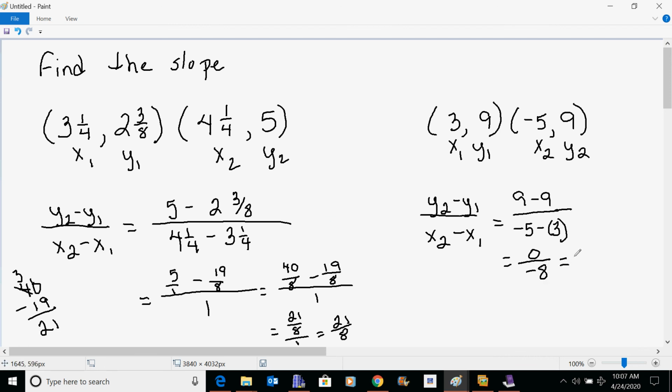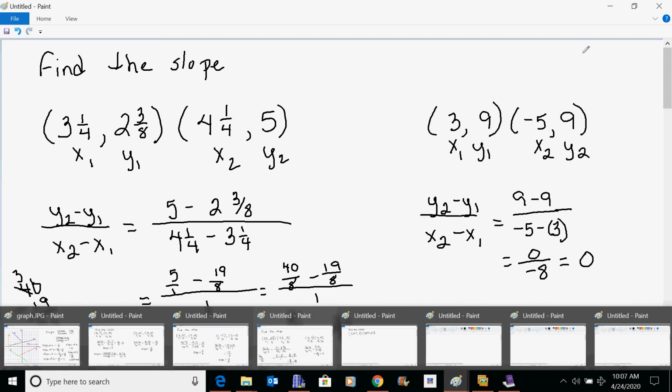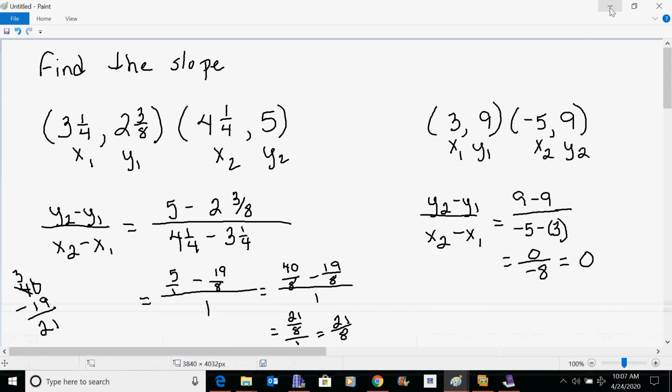But 0 divided by anything equals 0. A 0 in the numerator means that you have 0 as an answer. Okay? A 0 in the numerator means that you have a 0 as an answer. So that's super important for you to know.